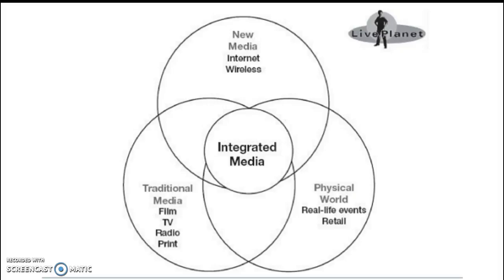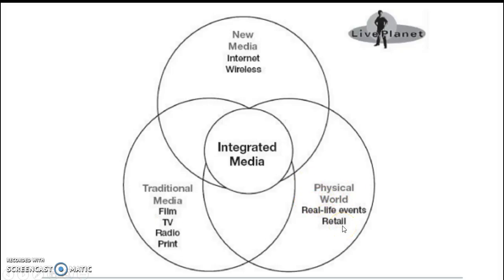But I am going to draw your attention to a couple of images that are featured in the chapter. First of all, there's this one, and you'll see that this graph of what transmedia looks like, this vector graph, includes new media, the internet and wireless, traditional media, film, TV, radio, and print, and also the physical world, real life events.